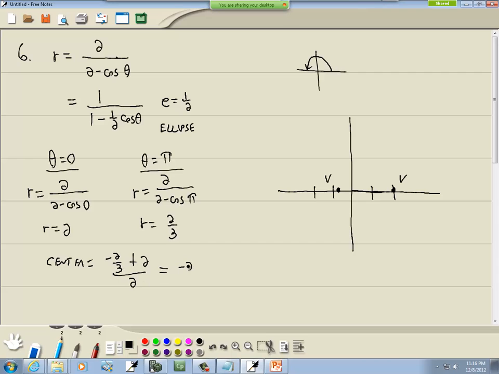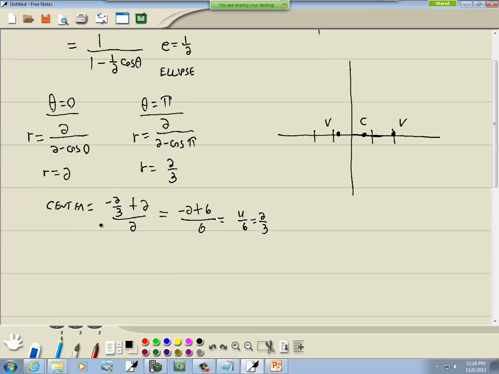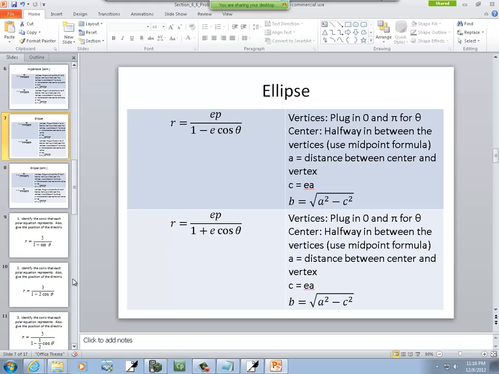So that gives us negative 2 plus 2 times 3 is 6, and 2 times 3 is 6 there. So that gives us 4/6 or 2/3, which should be about right there. And you'll know if you did it right, because does it look like it's center? Okay, so then what's the next thing it says?